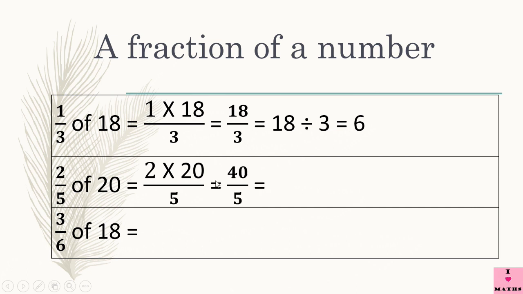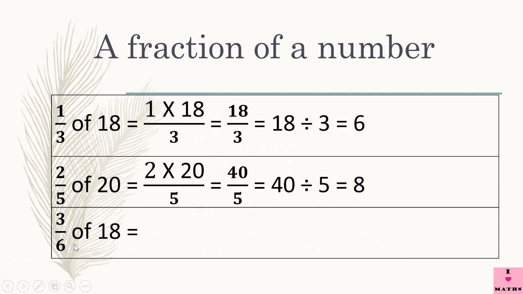This is equal to 40 upon 5. 20 twos are 40. This is equal to 40 divided by 5, which will give us a quotient 8. Why? Because 8 fives are 40. So children, 2 upon 5 of 20 or 2/5 of 20 is 8.